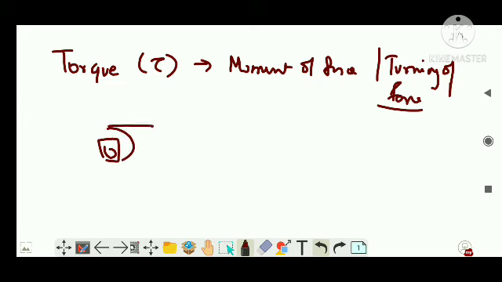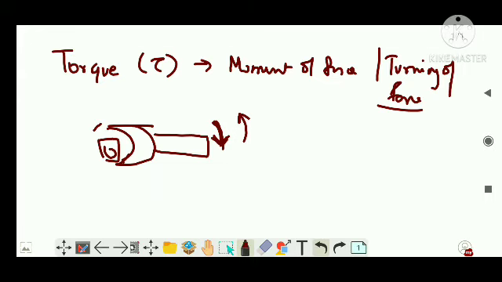Suppose we take an example of a nut. I am using a spanner to loosen it up or to remove this nut, right? So you will turn the spanner like this. That is, you are going to apply a force. I am going to take an example that this direction is for loosening and this direction is for tightening. So I will be moving the spanner in this downward direction to loosen it up.